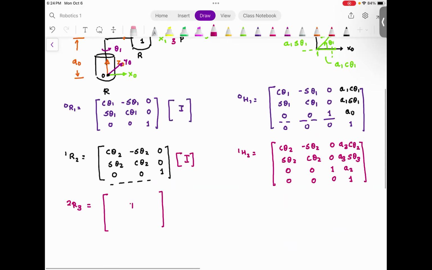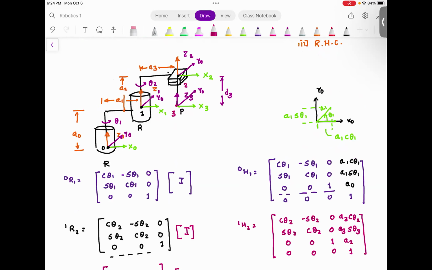So, and then one word of caution. Even though the rotation matrix is an identity matrix, it may be possible that your coordinate systems are not aligned. I'll tell you what I mean by not aligned. If my Z3 is going down, Z2 and Z3 would be in the same direction, but the signs would be opposite. You agree with me?